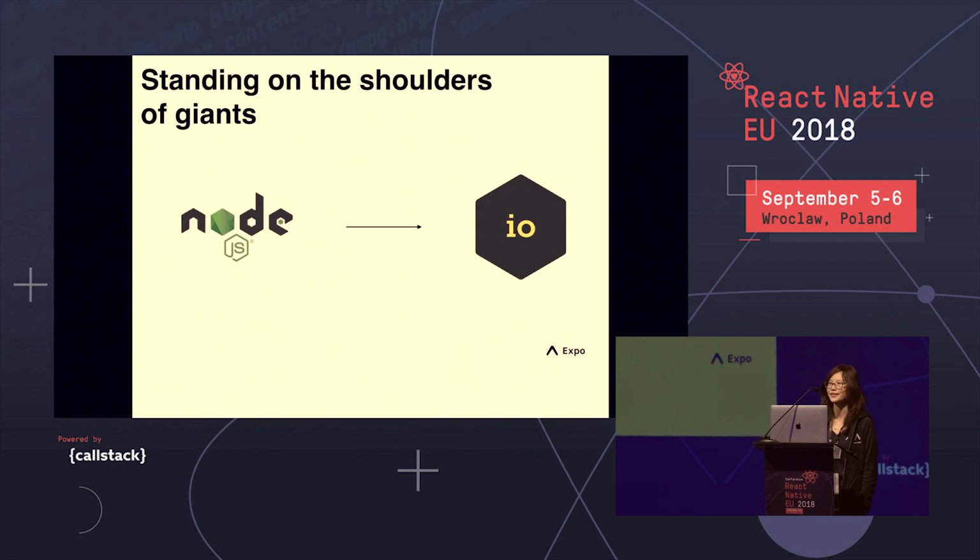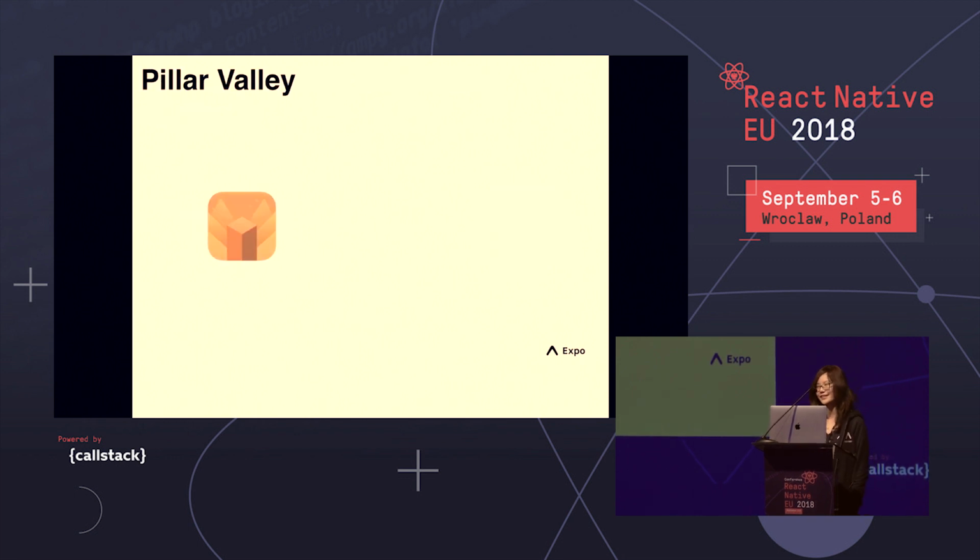To illustrate my point, a couple years ago, Node.js is a really great open source project, and people decided, hey, let's fork it and make io.js. io.js became super popular and super great that they decided to merge it back into Node.js. So I was thinking, well, here we have this great app, Pillar Valley. How about I fork it and make an even greater app, Buggy Valley?